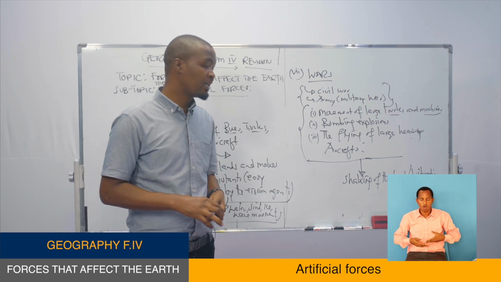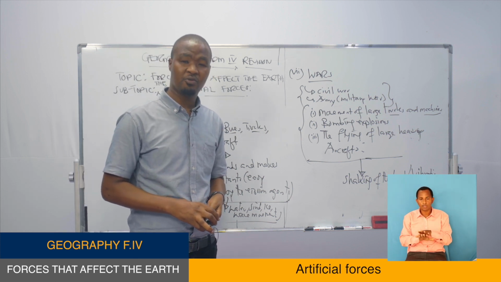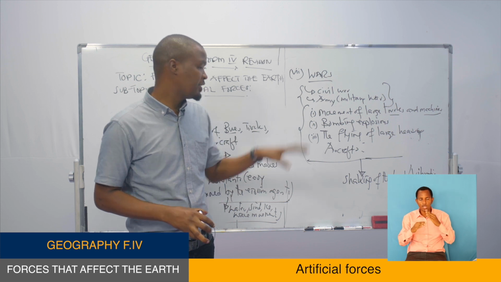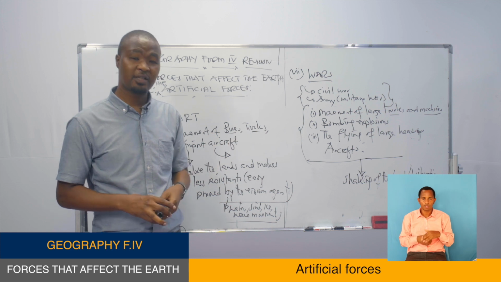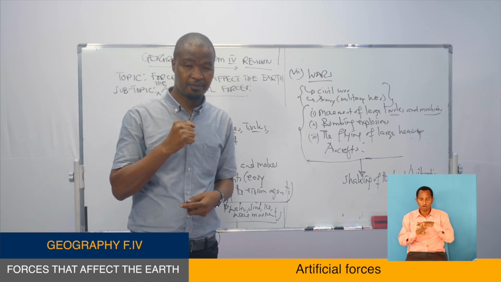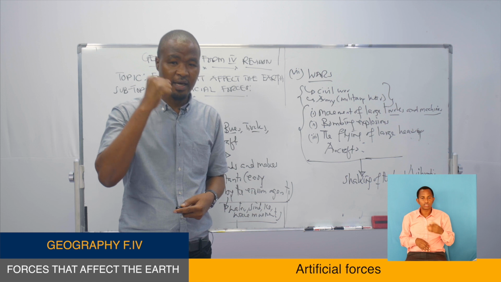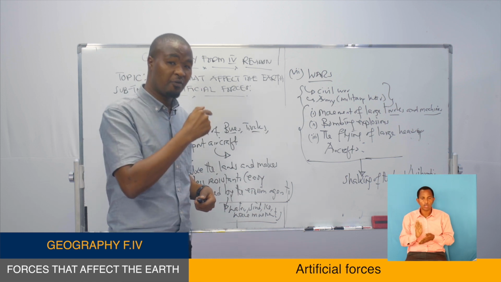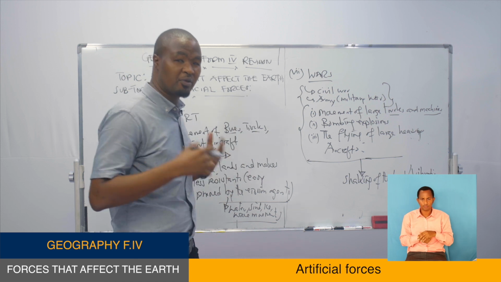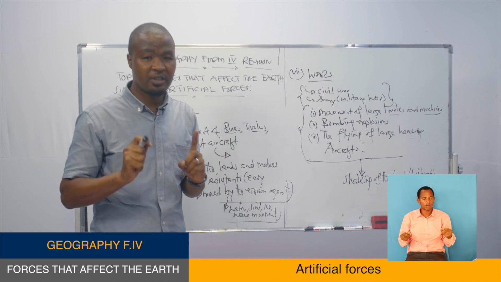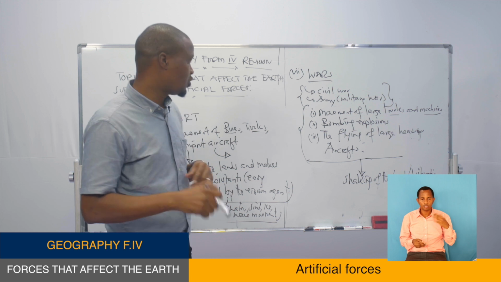Those are the man's economic activity, building, construction. So we take them into the main three groups. But the question needed us to explain 5 reasons as an origin of the artificial forces. So in a simple way, the question needed us to explain 5 causes for the artificial forces.